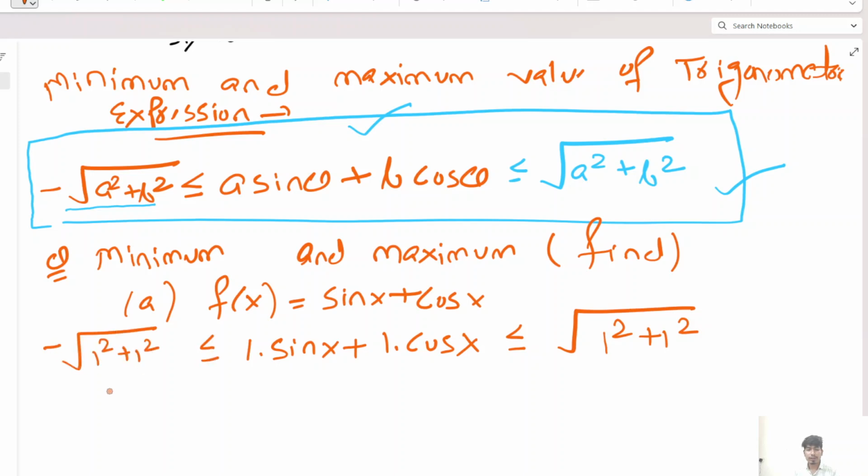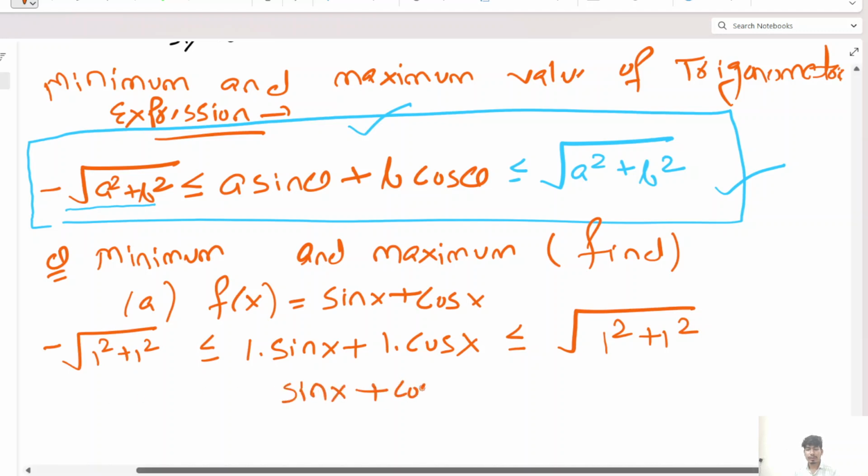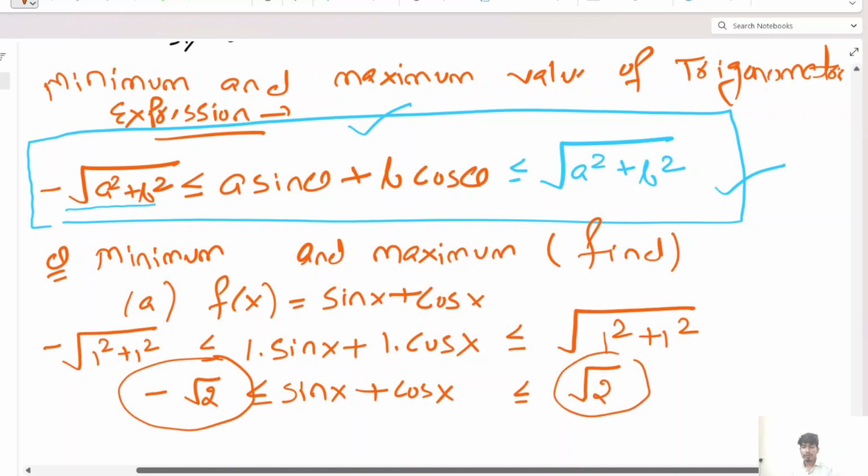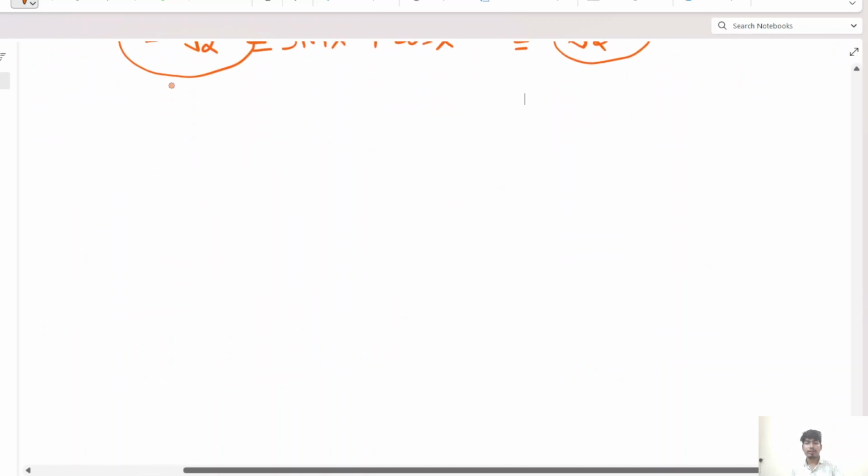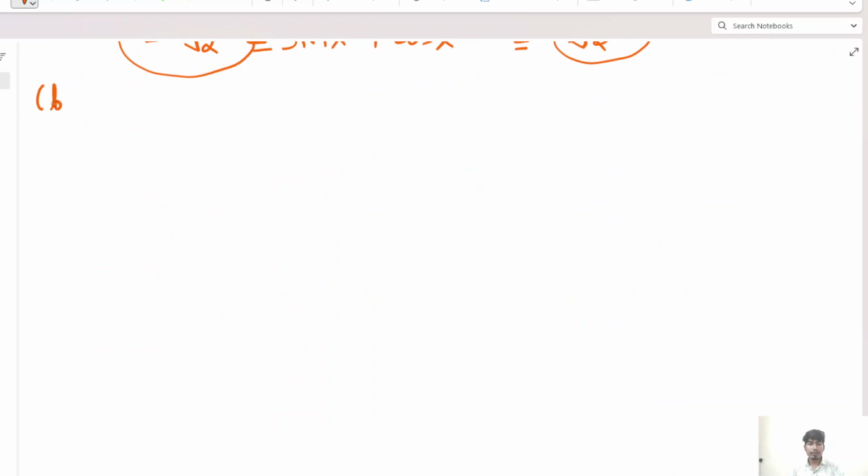Then sin x plus cos x is less than root 2 and greater than minus root 2. So the minimum value is this and the maximum is this.